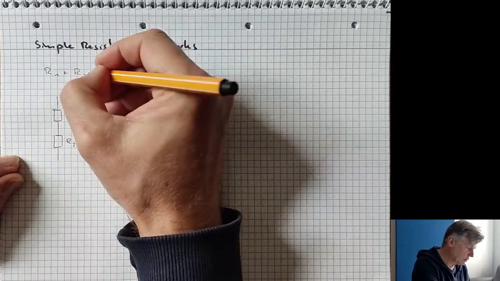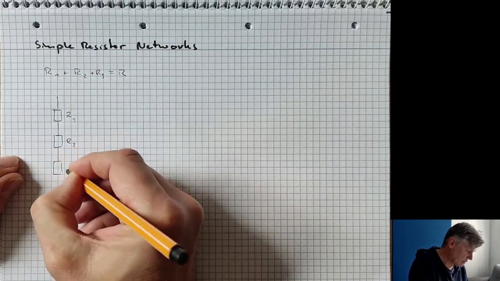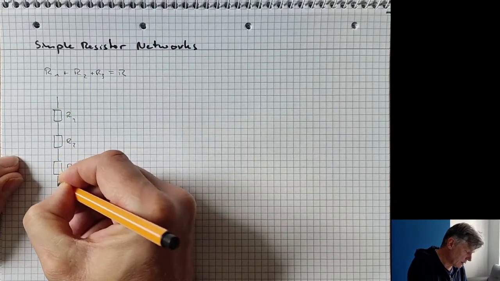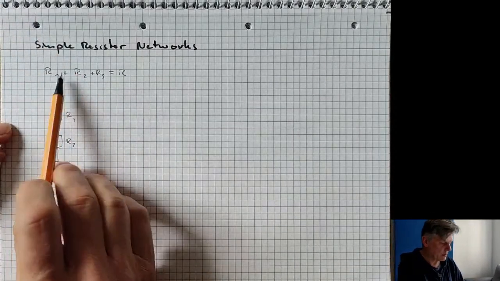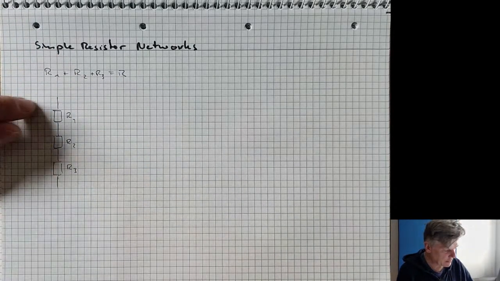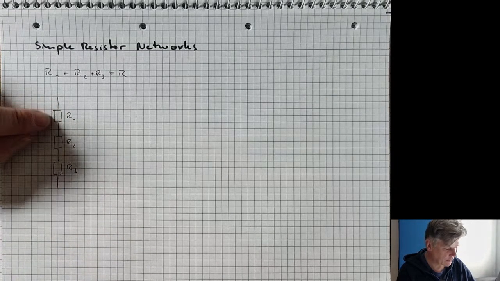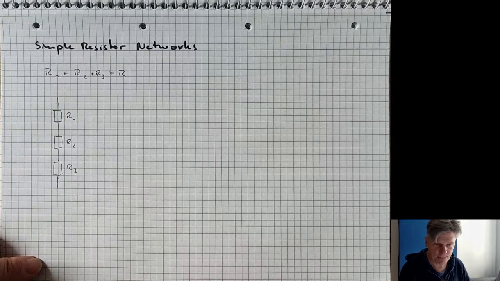So it can be shown that that would also work for more resistors, right? So R1 plus R2 plus R3 is the effective resistance of three series resistors R1, R2, R3.